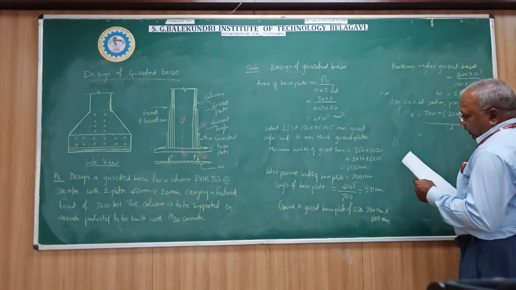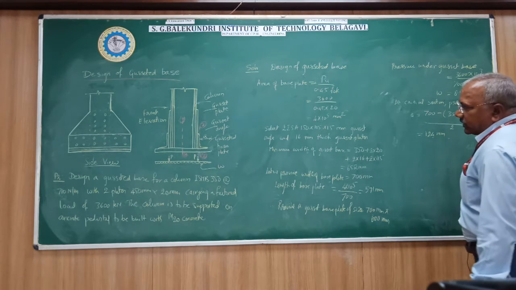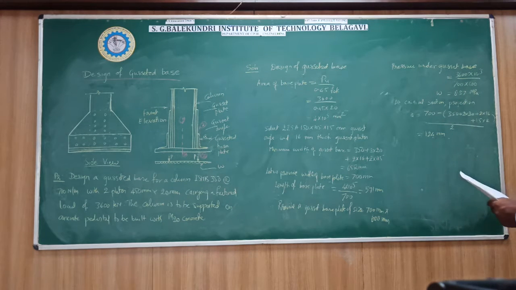This divided by 2, so that A equals 124 millimeters. So the projection beyond the critical section is 124 millimeters.